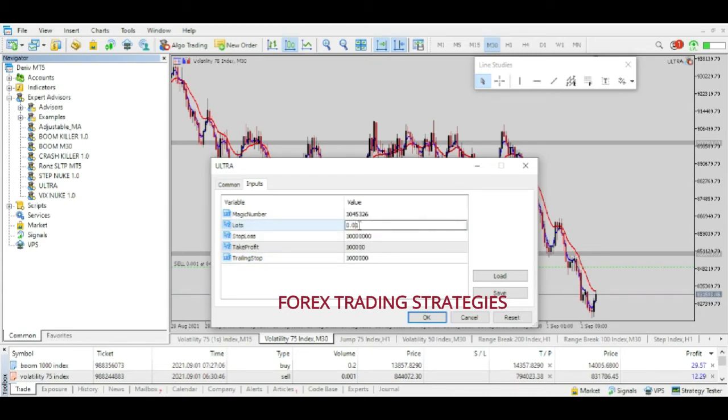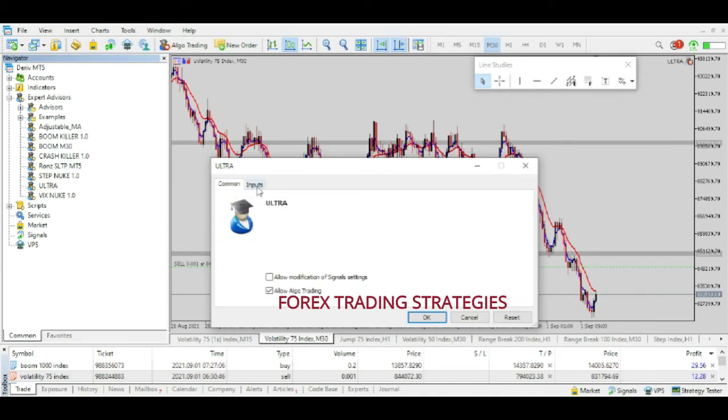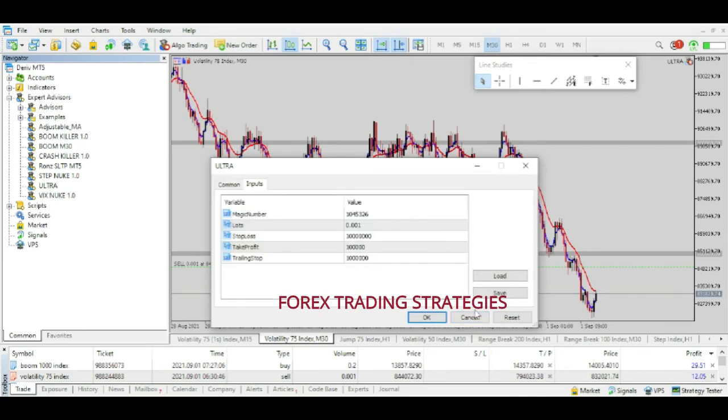If it's fixed, then we can simply add a 0 there, and algo trading is checked, and then you simply allow or activate algo trading there, and our robot will start trading. That's basically it, guys.